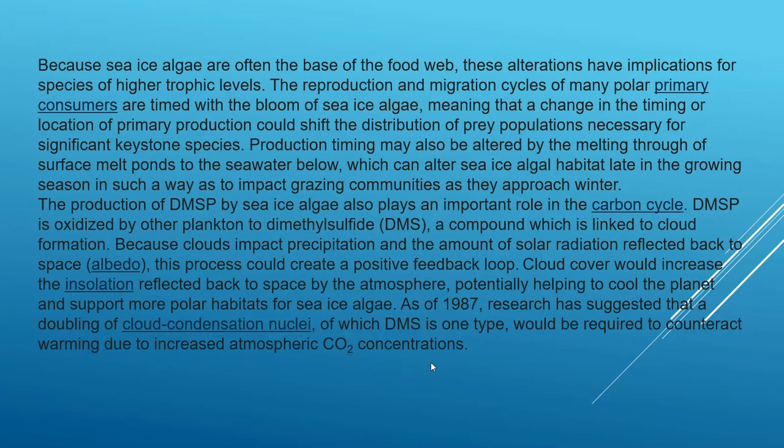That's kind of what they're getting at at that point. So this will potentially help cool the planet and support more polar habitats for sea ice algae. As of 1987, research has suggested that a doubling of cloud condensation nuclei, of which DMS is one type, would be required to counteract warming due to increased atmospheric CO2 concentrations.